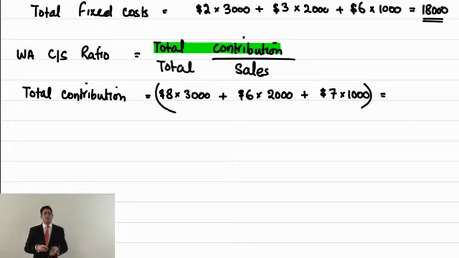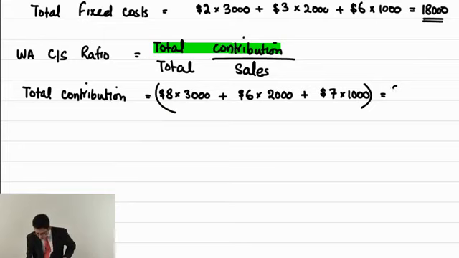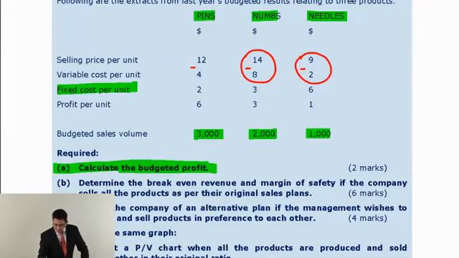That gives us total contribution for all three products. So 8 times 3, 24,000 plus 12 plus 7, in total $43,000. That's the total contribution.